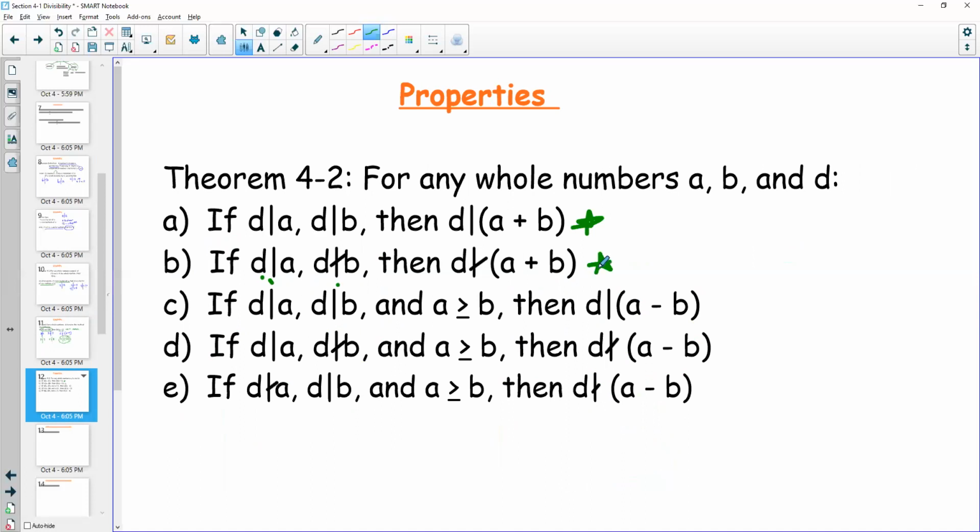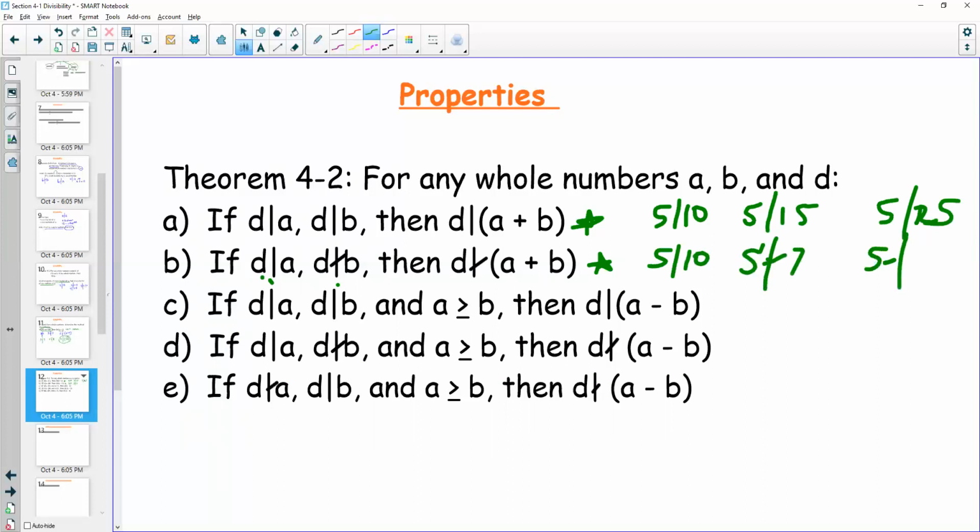It just means it's off a little bit. It's like saying 5 divides into 10 and 5 divides into 15. Well, then for sure 5 divides into their sum, which is 25. But if 5 divides into 10 and 5 does not divide into 7, 5 also does not divide into 17.